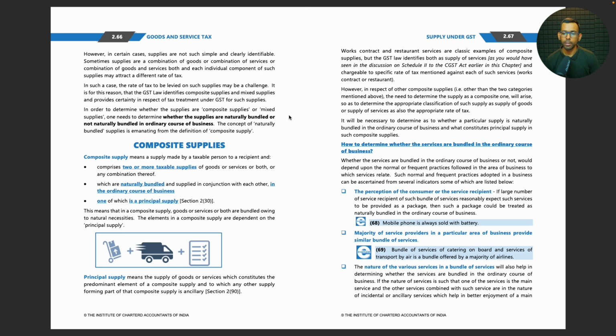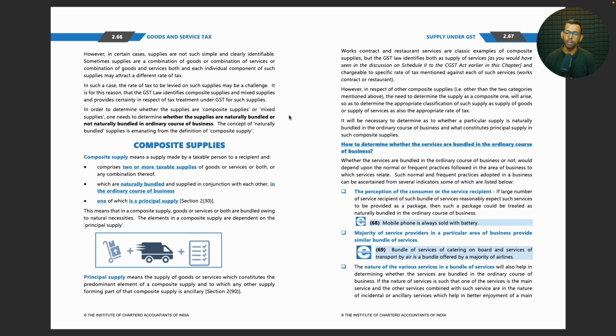How to determine whether the services are bundled in the ordinary course of business. Whether the services are bundled in the ordinary course of business or not would depend upon the normal or frequent practices followed in the area of business to which services relate. Such normal and frequent practices adopted in a business can be ascertained from several indicators, some of which are listed below.